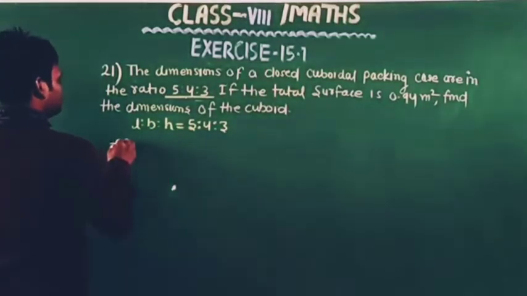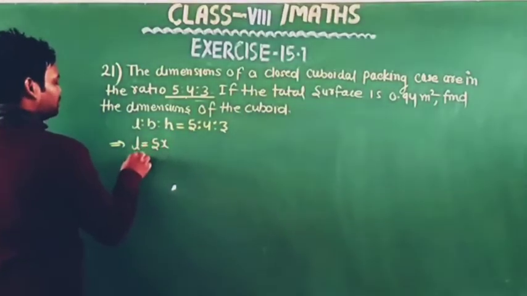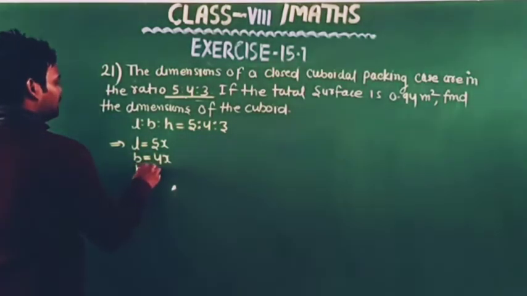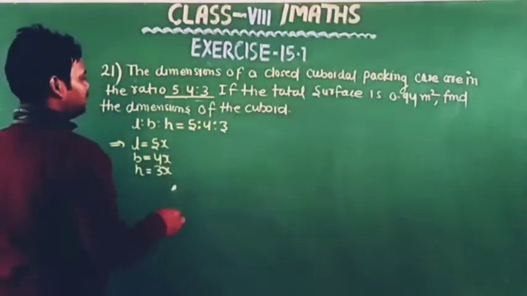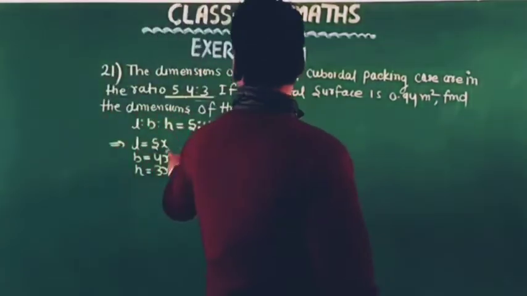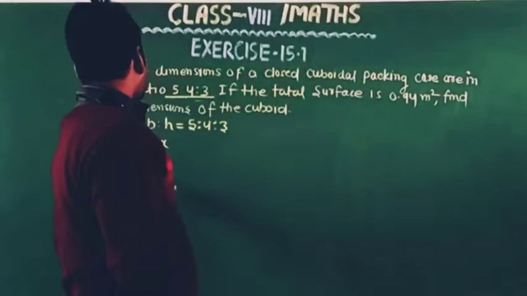So this implies from this ratio that the length is equal to 5x, breadth equal to 4x and height equal to 3x.